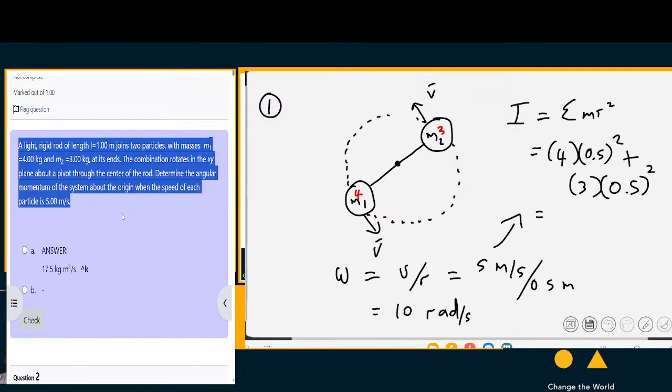Therefore, the moment of inertia, which we want to calculate, is 1.75 kilograms meter squared. That's the moment of inertia.